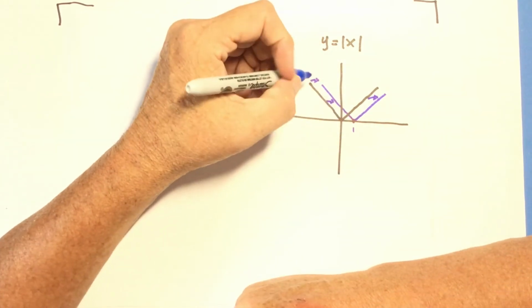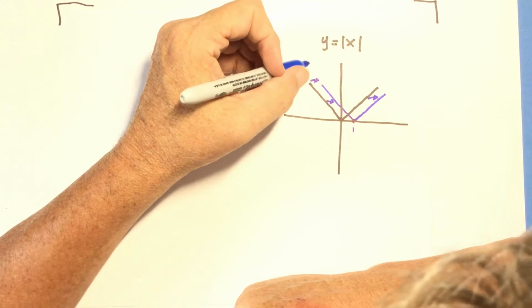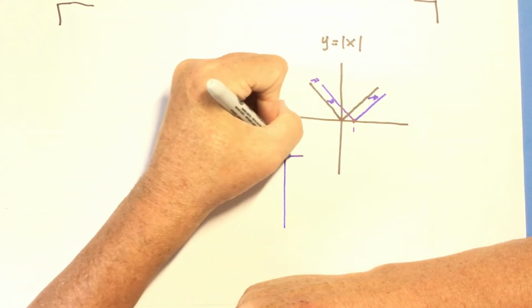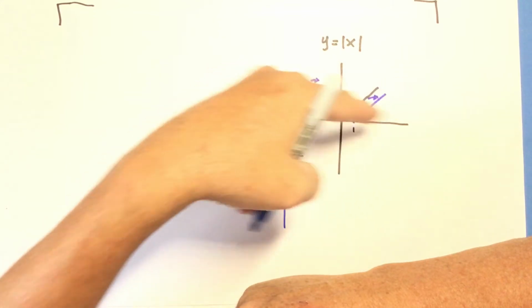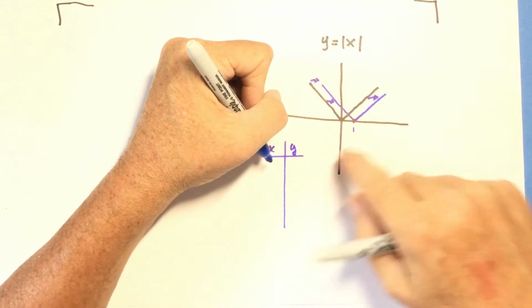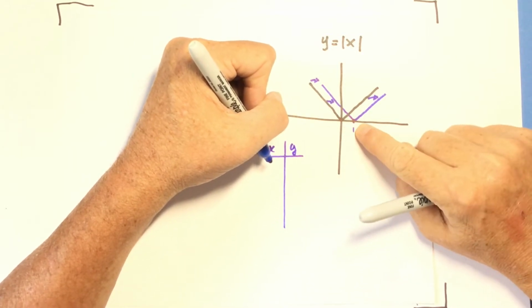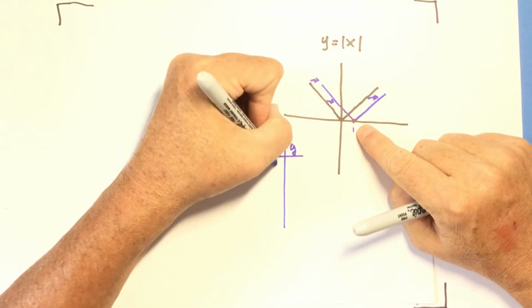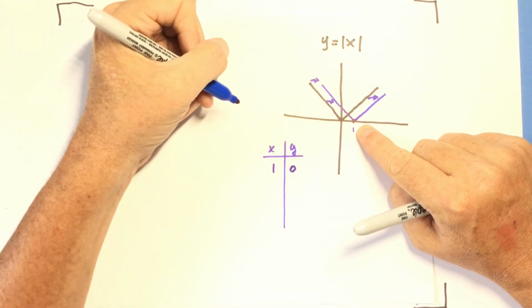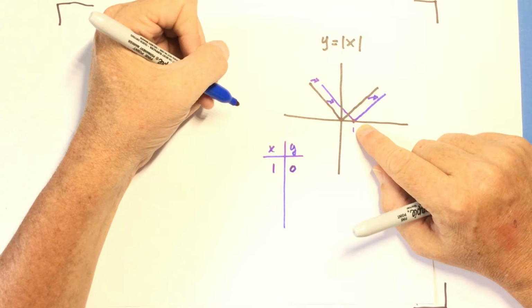Well, to illustrate this, let's plot a few points of my new graph, the blue graph. Based on the picture, you can see that when x is 1, y equals 0. Interesting.